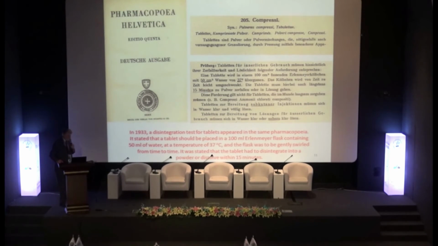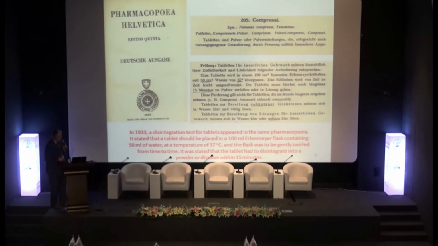Looking into some of the test apparatus, how do we measure those disintegration rates? The first test that I found was in the Swiss Pharmacopoeia, in the edition of 1933. For me, it was the first disintegration tester for tablets published.